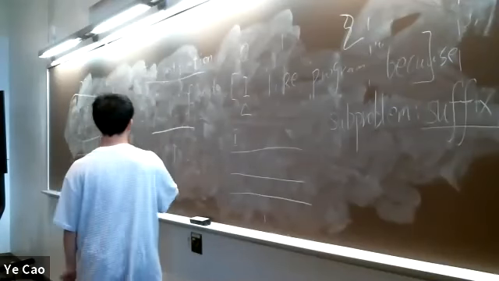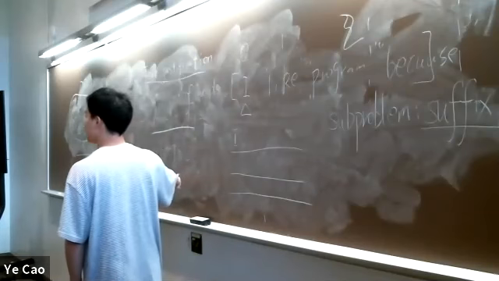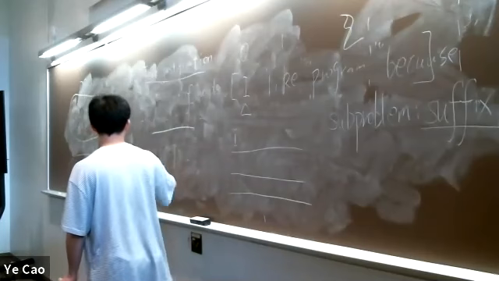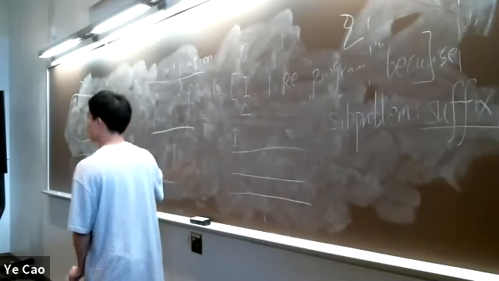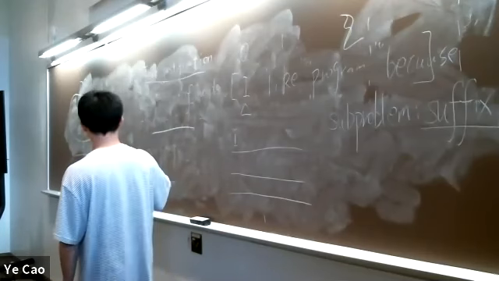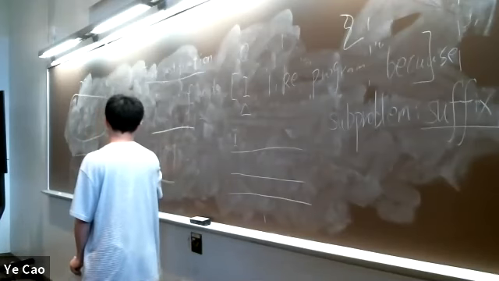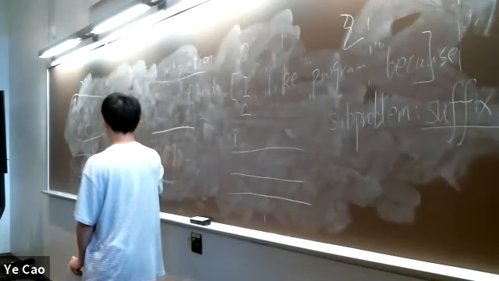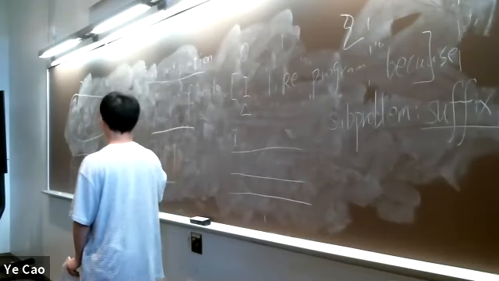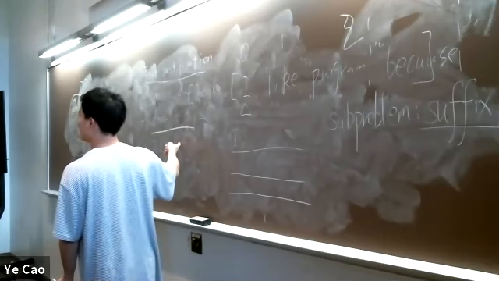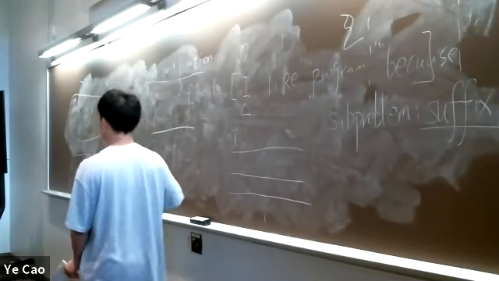The suffix is just going to be the end part of this word. I don't know if this is a word or not, but let's say FECT is the suffix of this word, and the prefix is just going to be the previous part, all of the part starting with the beginning. That's the prefix, and the suffix is all of the parts ending with the end. So this is the prefix and this is the suffix.